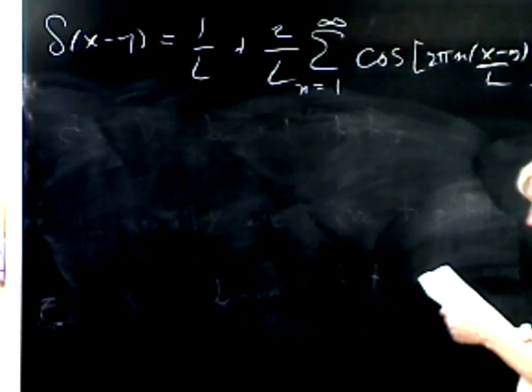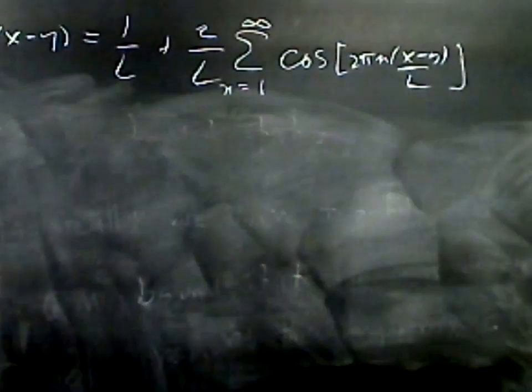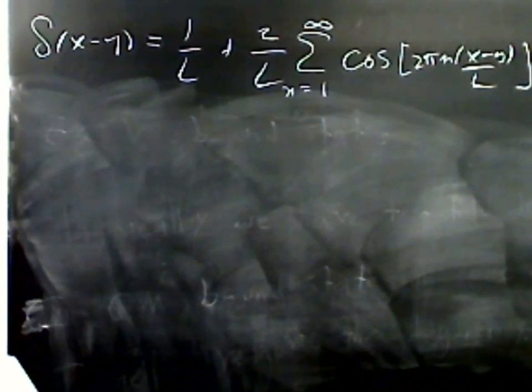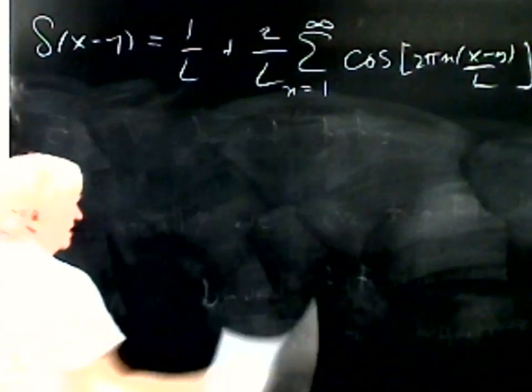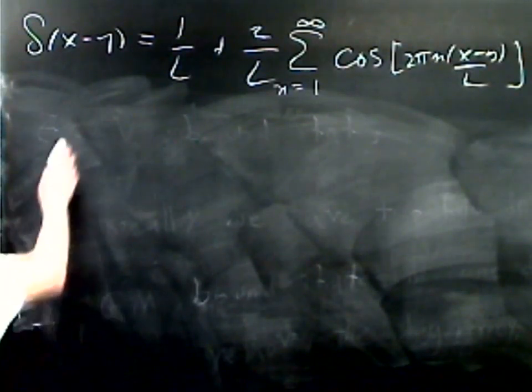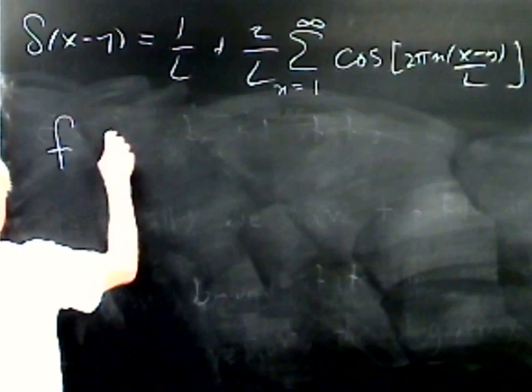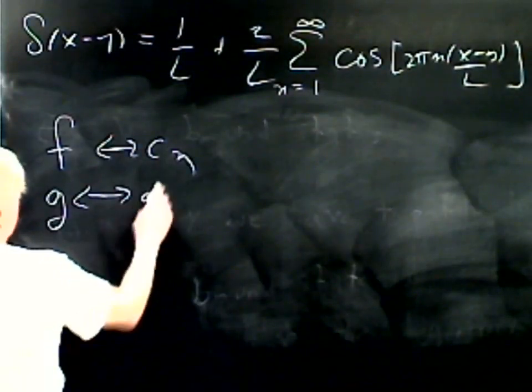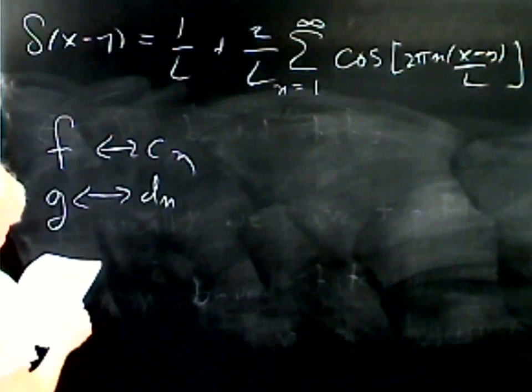And if we go back to this formula, which is a simpler, more symmetrical formula, see, with the reals you always have this asymmetry, sine, cosine, and 0 is always a special case. So it's really kind of annoying. But let's suppose we have a function f with coefficients c sub n, a function g with coefficients d sub n.